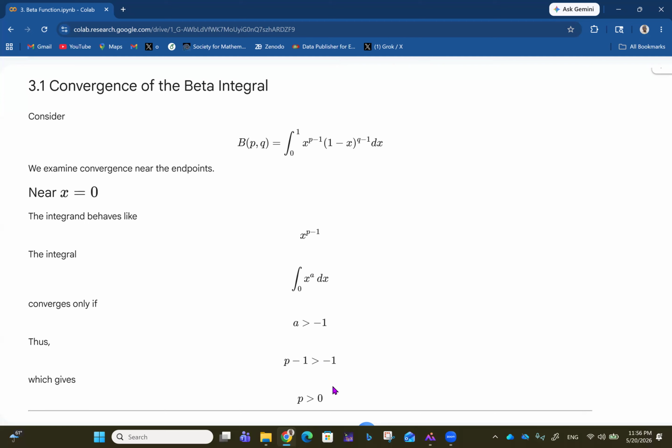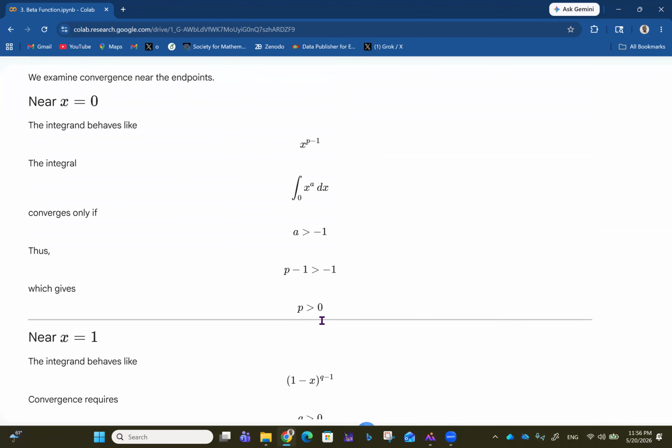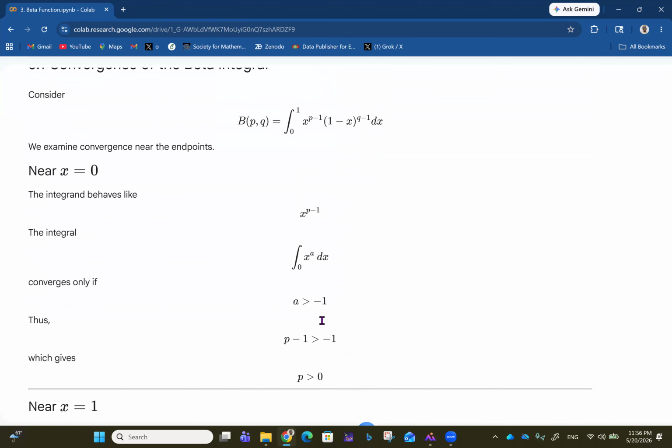That gives the fact that p is greater than 0, which is one of the conditions for the Euler beta integral in the first place. So we see that the integrand behaves like x raised to p minus 1, and what happens to p minus 1 affects the whole system. That is when we look at the convergence near x equals 0.